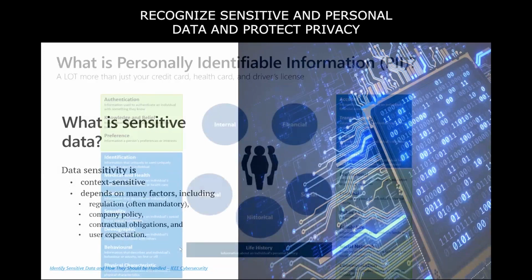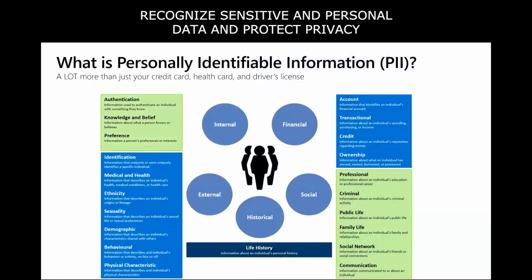On the other hand, what is PII, or personally identifiable information? It's a lot more than just your credit card, health card, or driver's license number. Any information that can identify a person is called personally identifiable information.